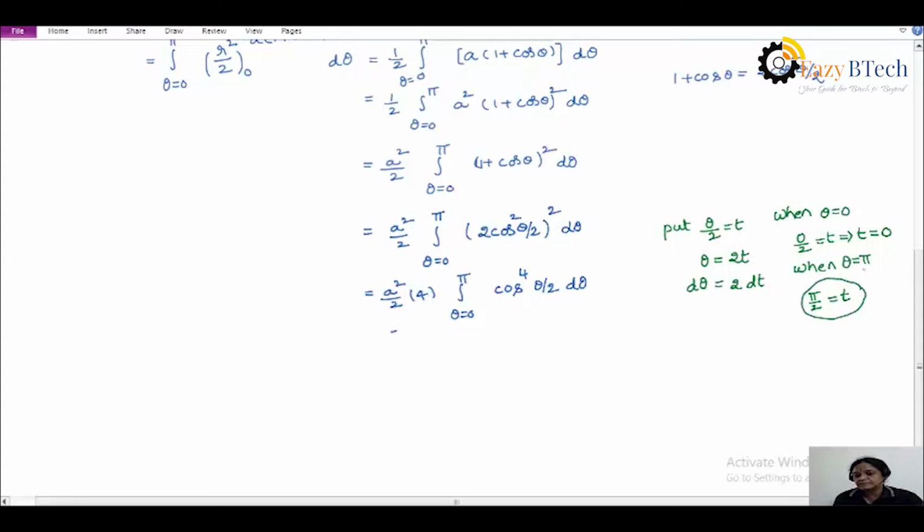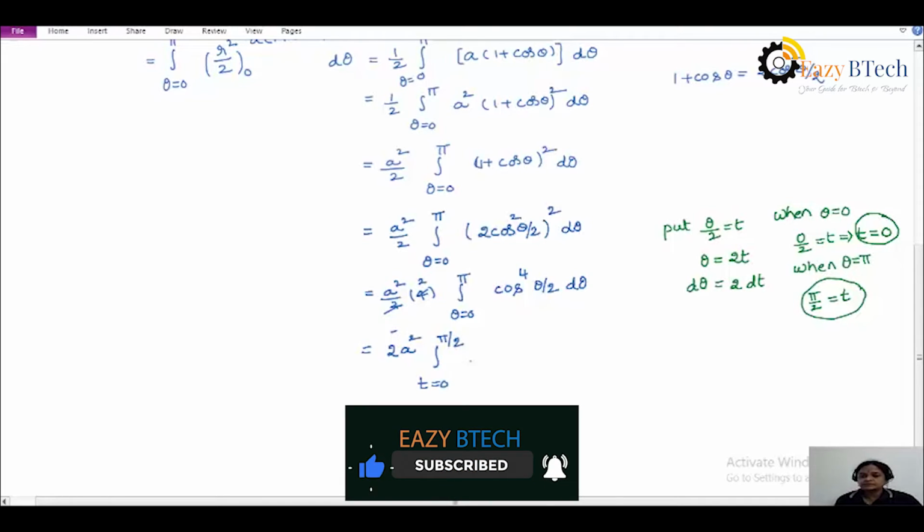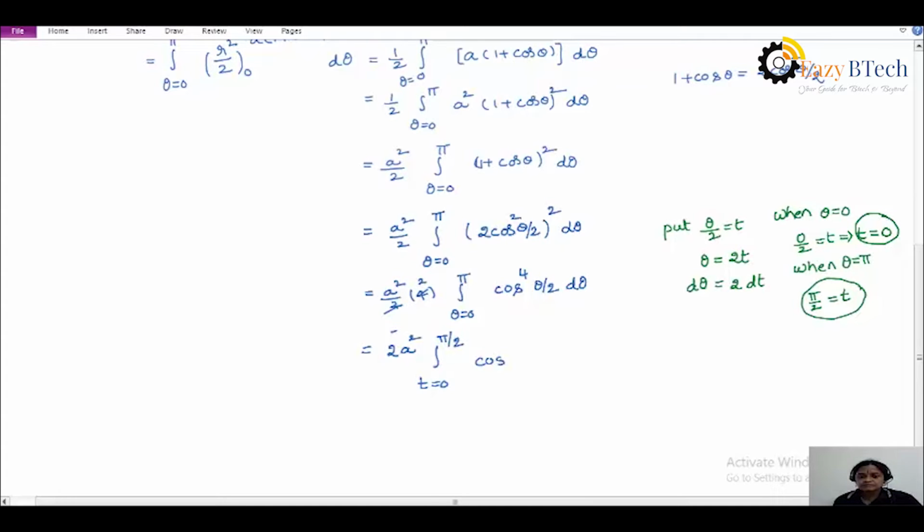So this is the upper limit value and this one is the lower limit value. Now substituting the limits and doing the cancellation, 2a square integral t equal to 0 to pi by 2 cos power 4 of theta by 2, which is t, and d theta is 2 dt.